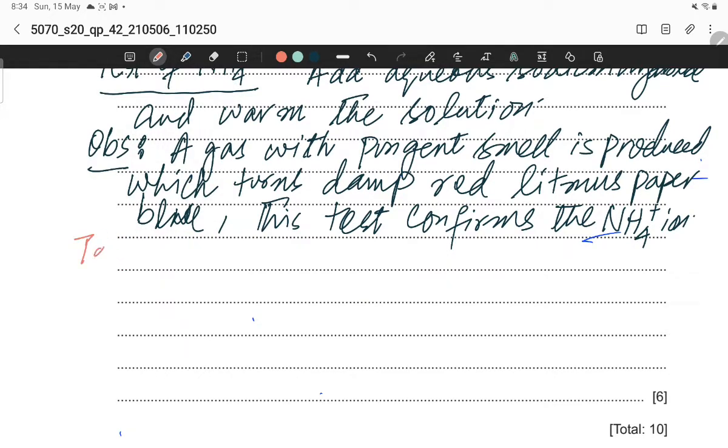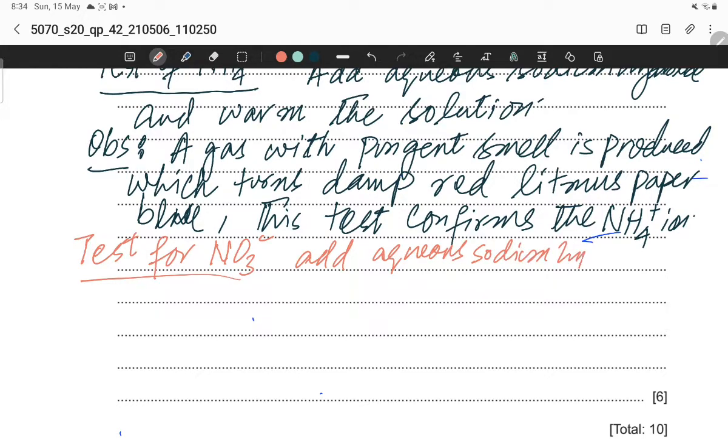Next, test for nitrate ions, NO3 ions, with aqueous sodium hydroxide and warm.